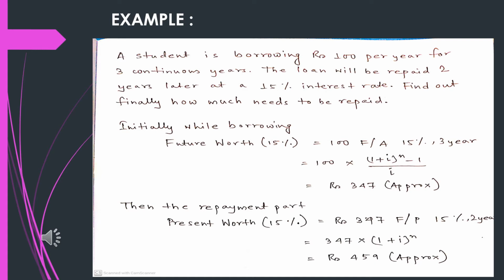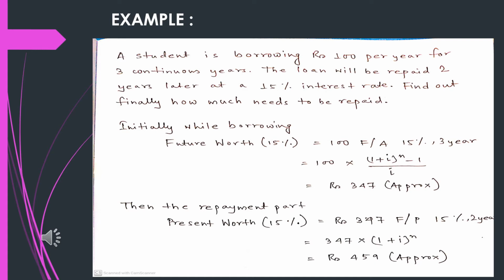If that 347 denotes the starting point of that particular cash flow, we can easily assume that 347 is nothing but our present value, and the value that the student needs to pay after 2 years will be taken as the future value.